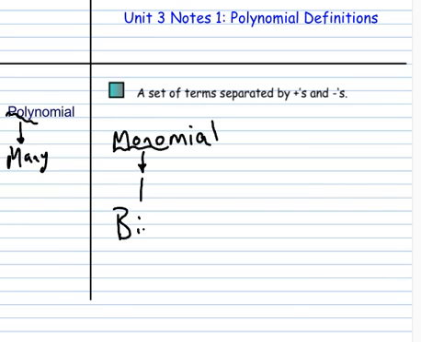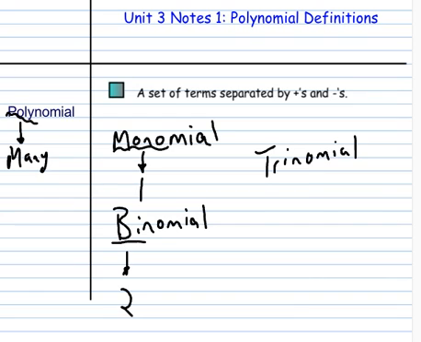Binomial. Bi is like bike. So that's 2. Okay. Trinomial. Those are probably the most common that we'll have, especially moving forward in math, is 3. Tricycle. But polynomial just means many, and that's the one we use to describe all of them.